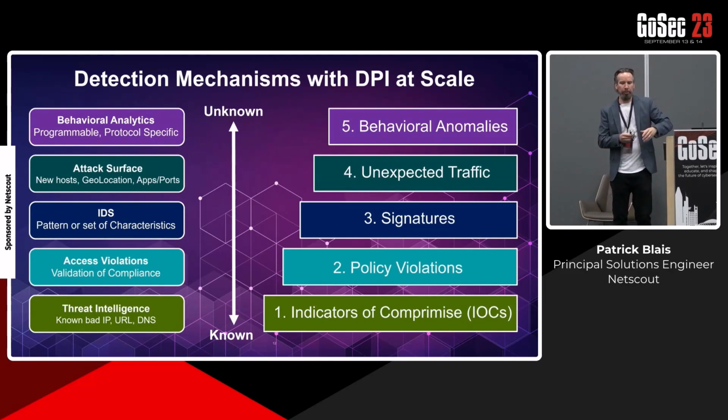I'll give an example. Say we're seeing a host pop up. With DPI at scale, you can see that the host hasn't been there before. Maybe it's a contractor that just came in and doesn't have an agent. You're maybe using agents on your endpoints, and we haven't seen that host there before.